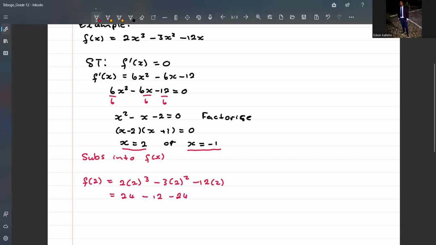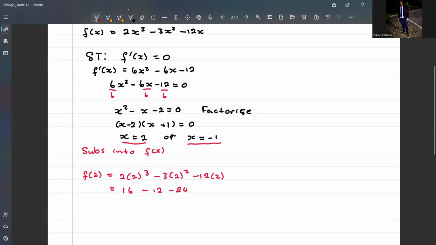I made a mistake there. It's not 24, that's 16. So it's 8 times 2, which is 16. This is 4 times 3, which is 12, and 12 times 2, which will give us 24.